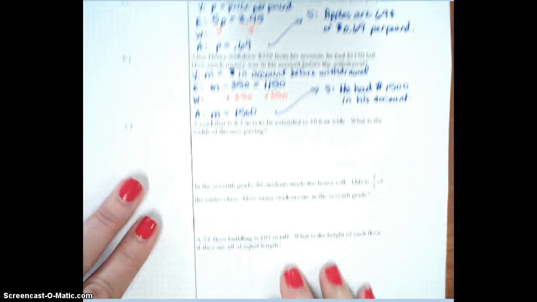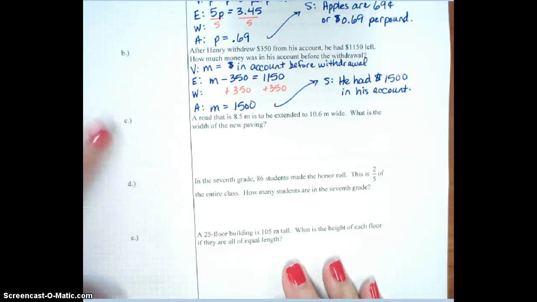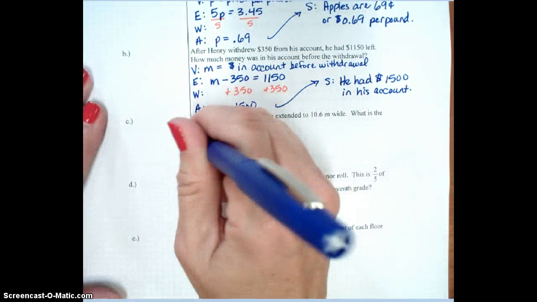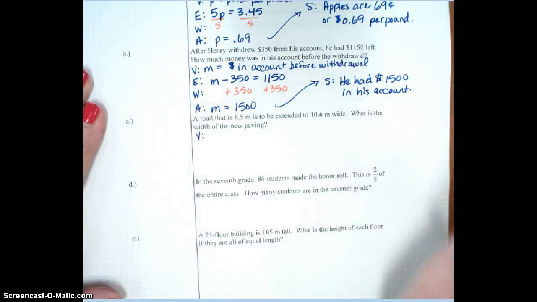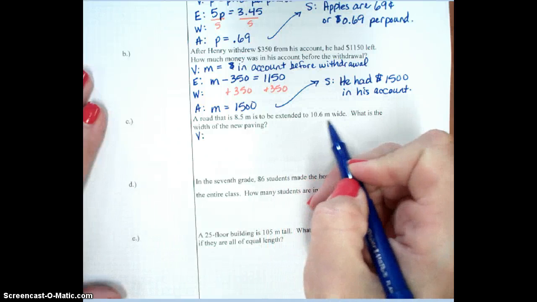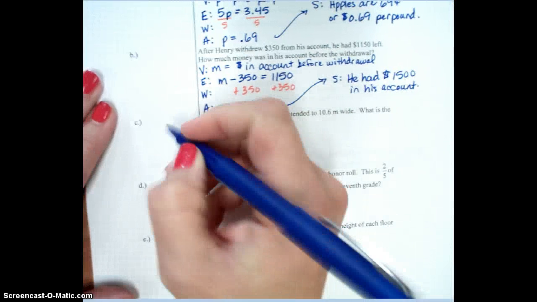All right, the next one might be helpful to draw a picture to actually understand what they're asking about. So I'm going to set up my V because I know I have to start with a variable. A road that is 8.5 m, which is meters, is to be extended to 10.6 meters wide. What is the width of the new paving? So it's kind of like this situation.